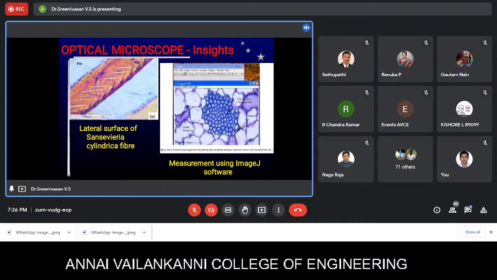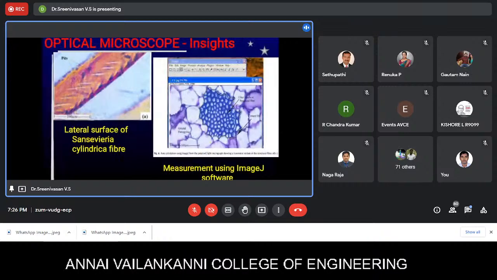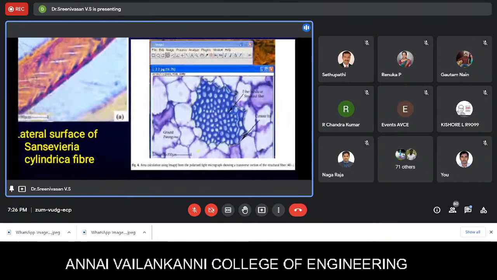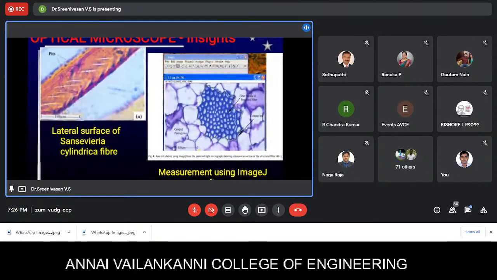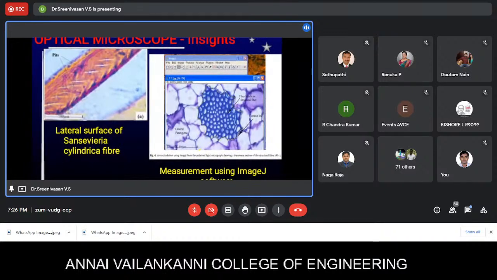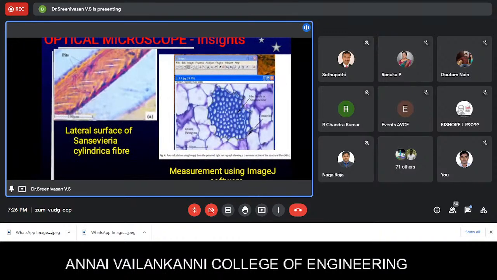Not only the cross-sectional area, I also identified the porosity fraction, how much porosity is available in the total area, and the thickness of the primary wall, secondary wall, and fiber lumen.